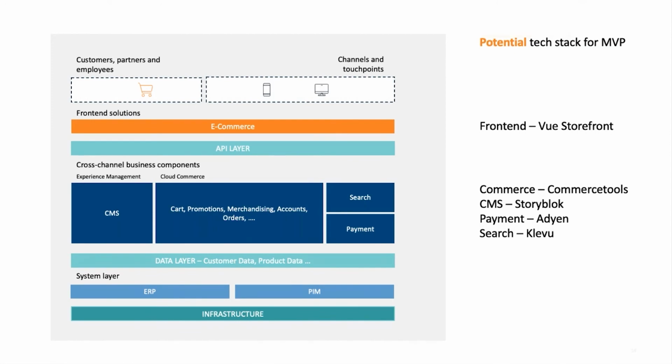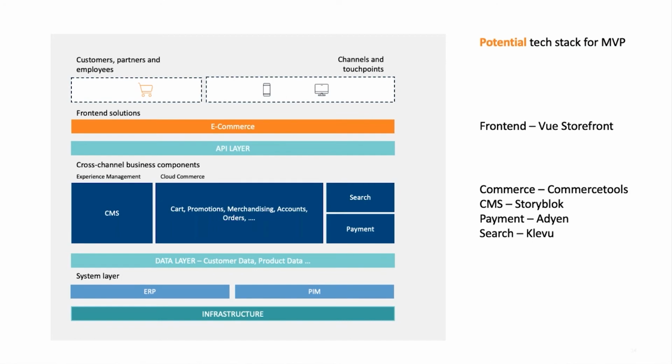So these three would form a great starting point for your modern commerce adventures, since Vue Storefront connectors are available for both Commerce Tools and Storyblok. And Storyblok also has out-of-the-box connectivity with Commerce Tools, which makes it easy to show a few relevant products on a content page.